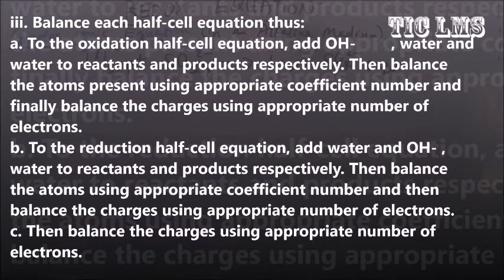And number 2, to the reduction half-cell reaction, add water to the reactant side and OH minus and water to the product side. Then balance the atoms present using appropriate coefficient numbers, and then balance the charges using an appropriate number of electrons.